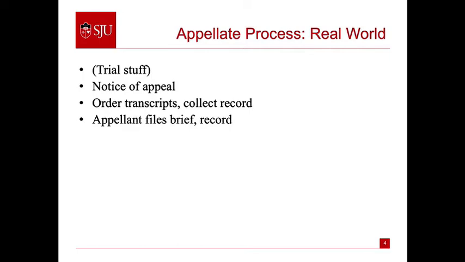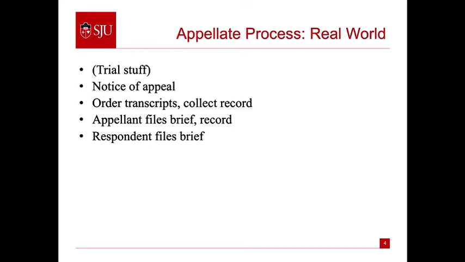After that's done, the appellant files a brief, which is a persuasive written document trying to convince the appellate court to reverse or adjust the trial court's ruling. The appellant files that brief, which can be quite lengthy. It could be 50, 70, even 100 pages, along with the record in the appellate court.